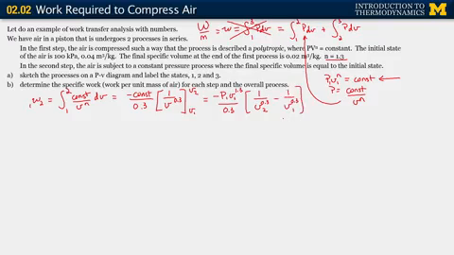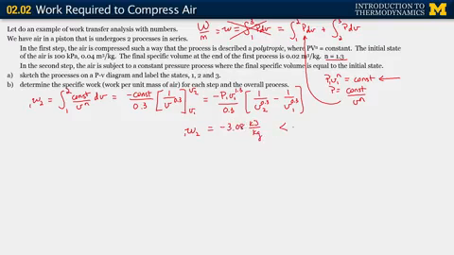And then all of these values are known. We plug in our numbers and we get an answer for the work from 1 to 2, the specific work transfer of minus 3.08 kilojoules per kilogram.